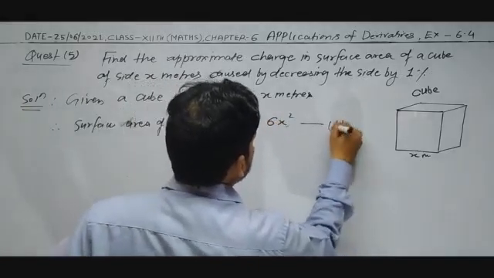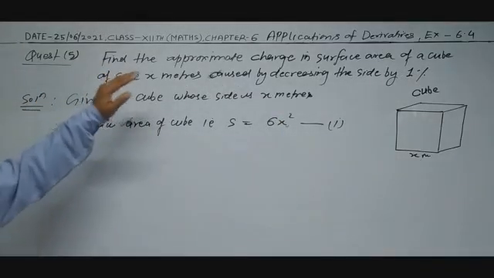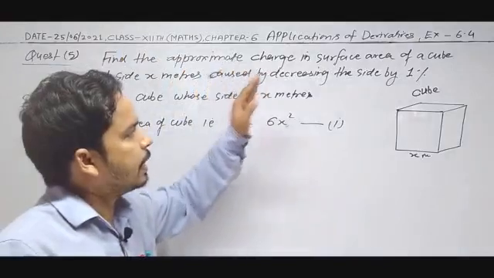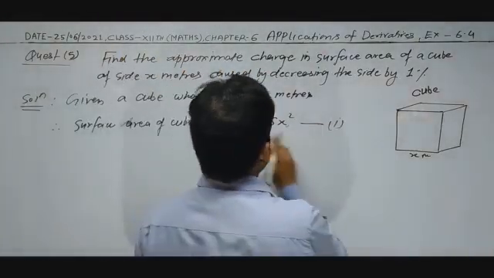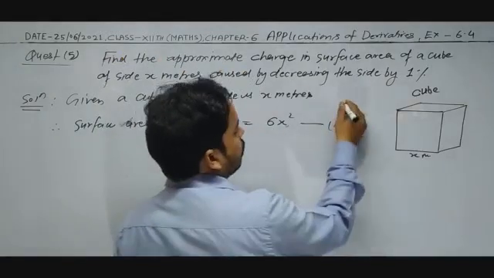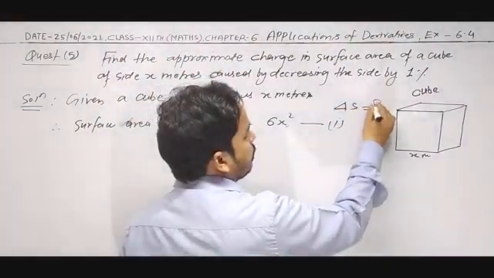Consider equation 1. We have to find out the approximate change in surface area. Means surface area symbol S, so change in surface area, that will be del S. We have to calculate del S.